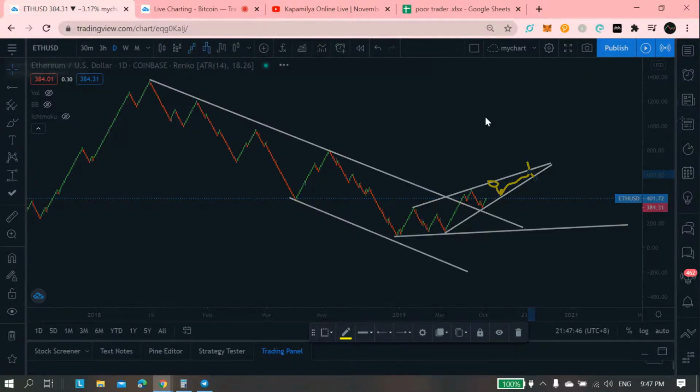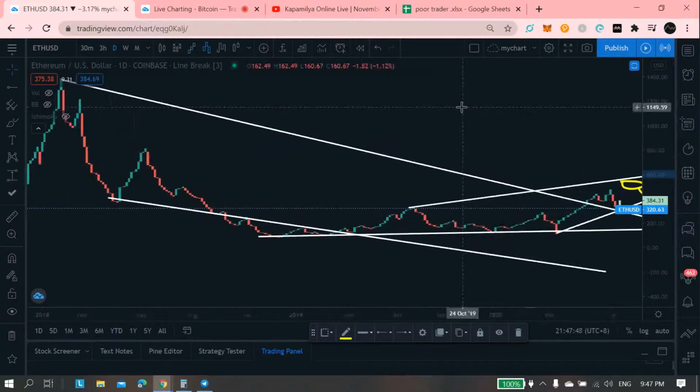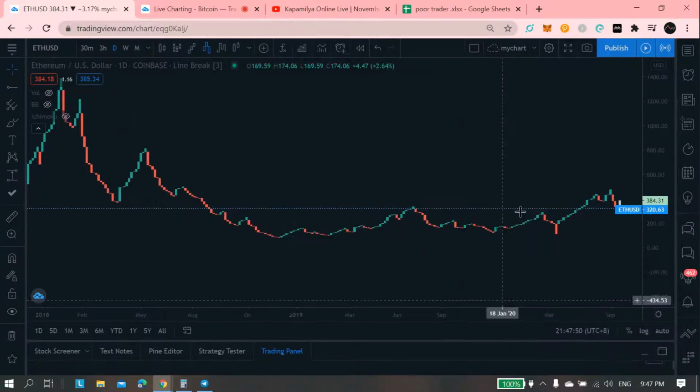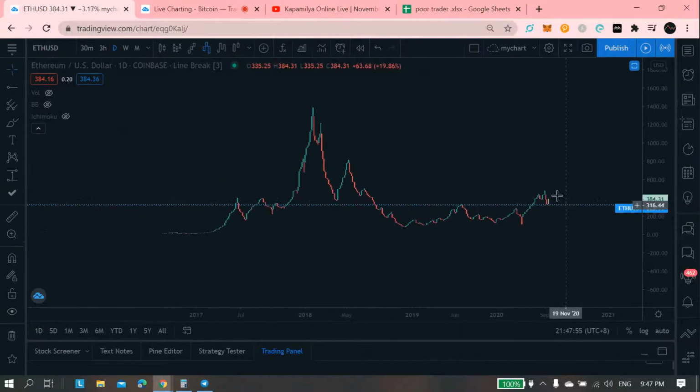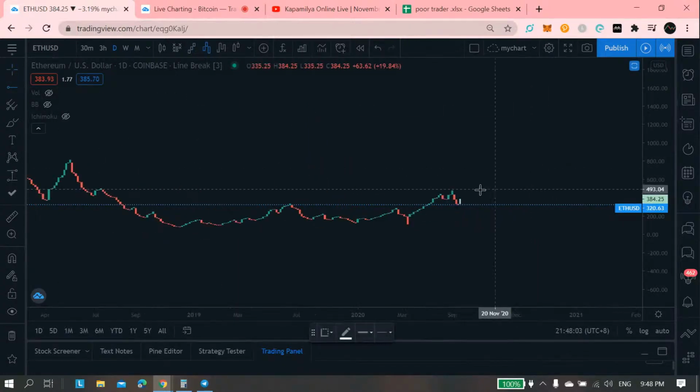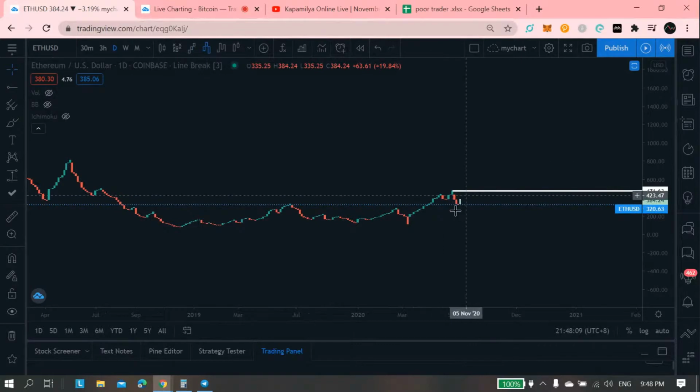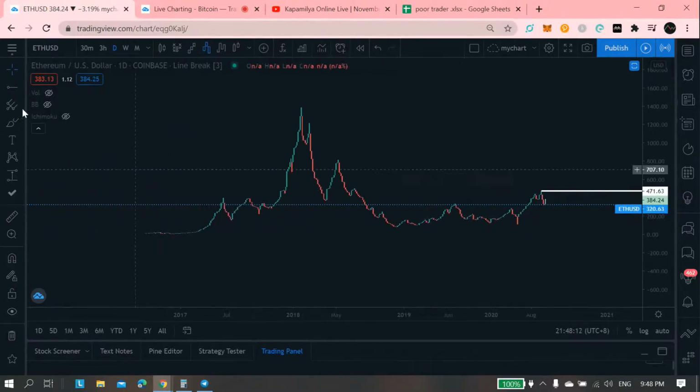Wait, let me check this one. The line break. There. Actually, even using line break, they have almost the same resistance. And currently, this is a bullish line chart.